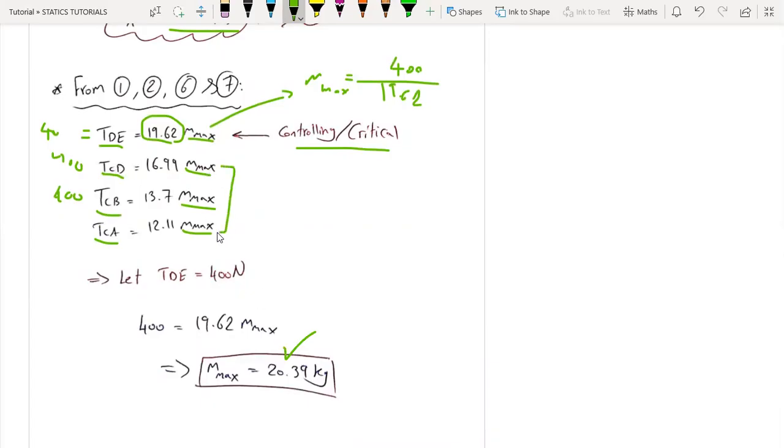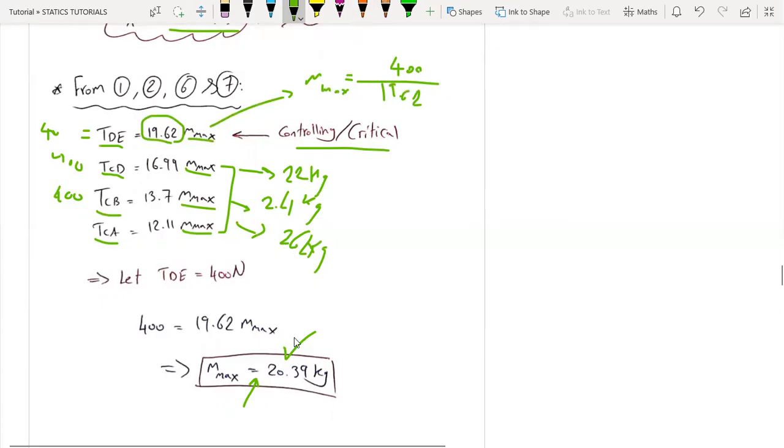So in the other equations, you will get M maximum with a value larger than 20.39. So here is the least mass allowable. Because say for example, you got from this one 22 kilogram, and here 24 kilogram, and let's say here 26 kilogram. So the system will fail at 26 kilogram, and 24 kilogram and 22 kilogram.